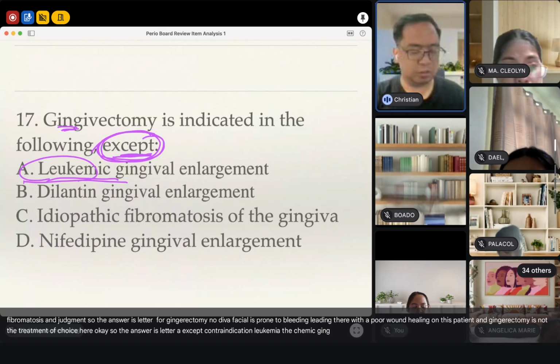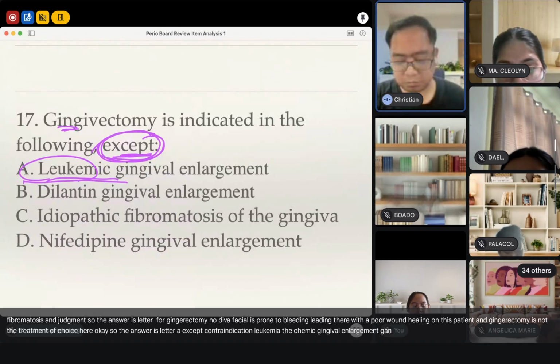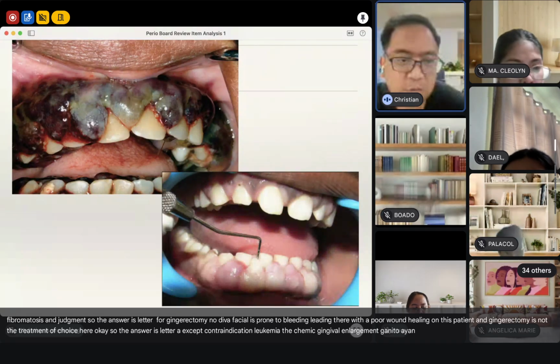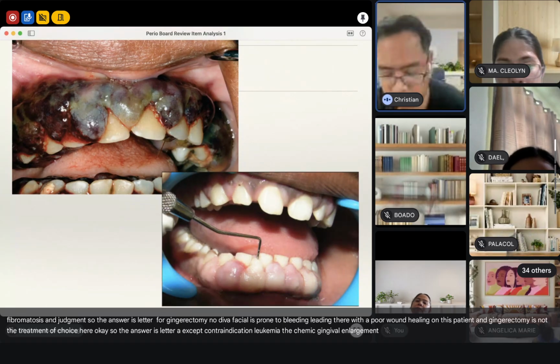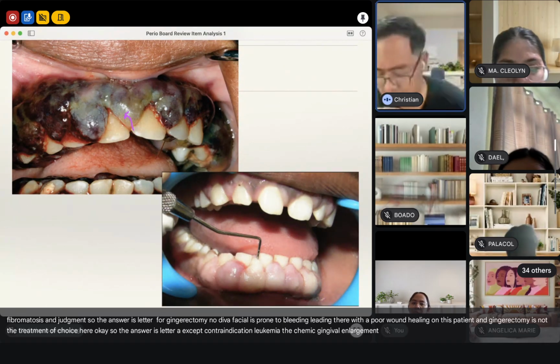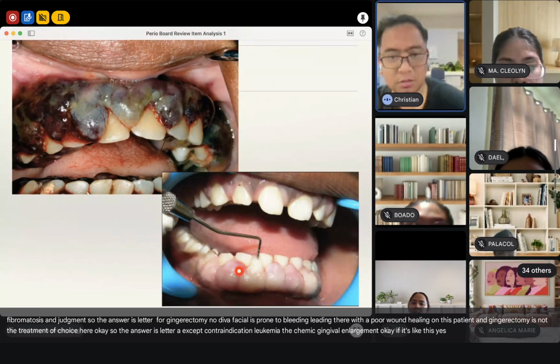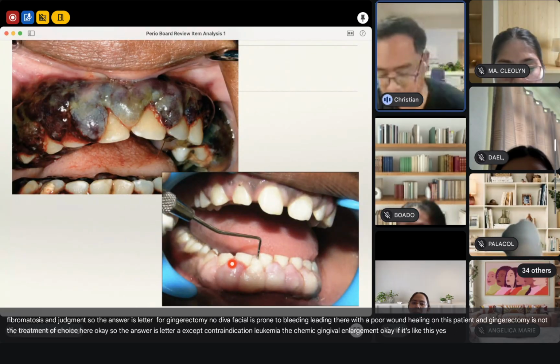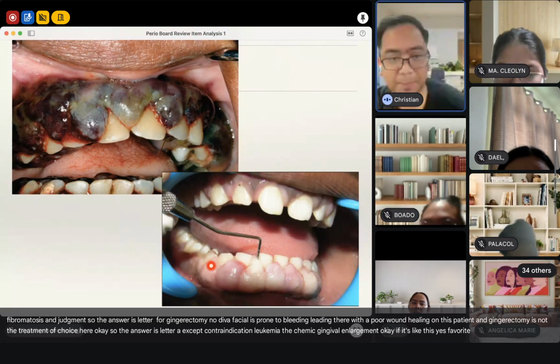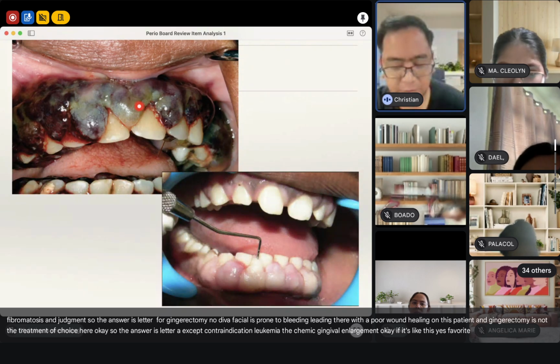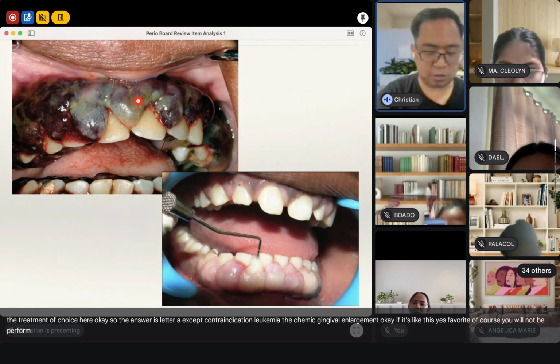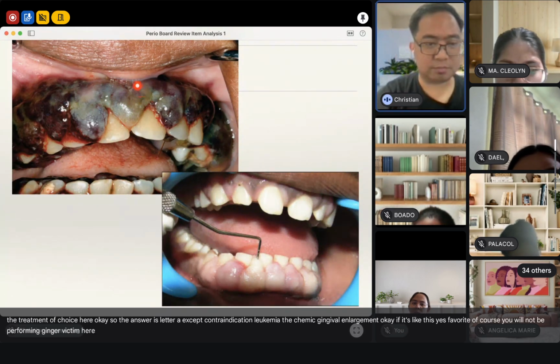Leukemic gingival enlargement. Ganito. Ayan, i-gingivectomy nyo ba siya? Hindi, diba? Takot na yan. If it's like this, yes. Fibrotic gingiva. Diba? Ganyan yung gums ng patient. Of course, you will not be performing gingivectomy here.